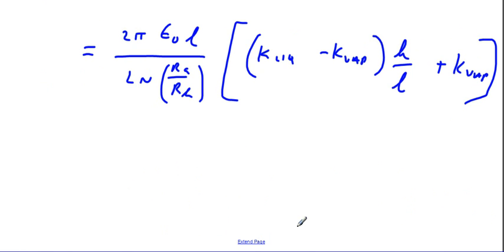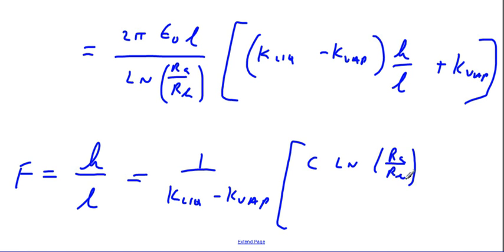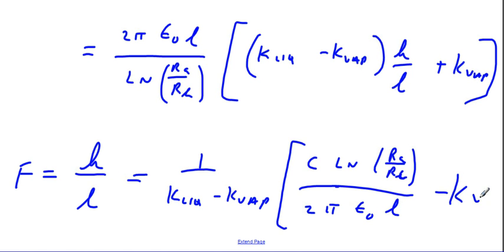And that would be equal to C. And then I could bring out the H over L and say that H over L, which is my factor F that I'm looking for, is going to be 1 over K of the liquid minus K of the vapor times C natural log RA over RB divided by 2 pi epsilon naught L, minus KV.